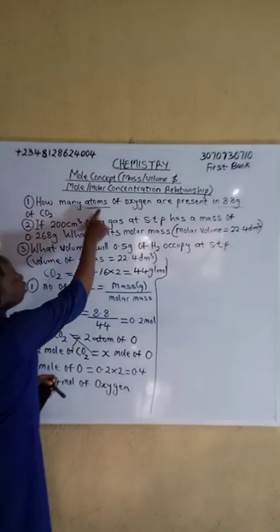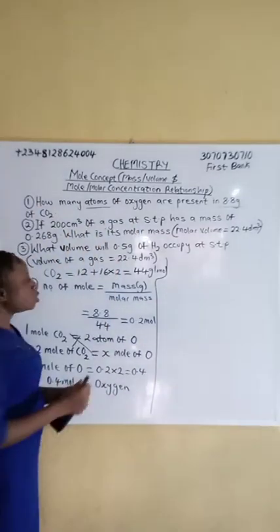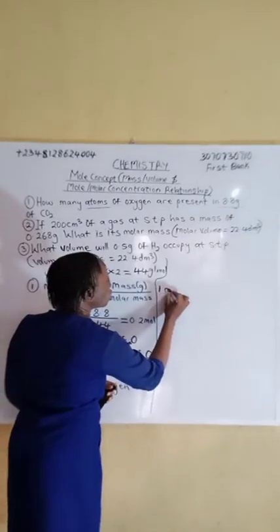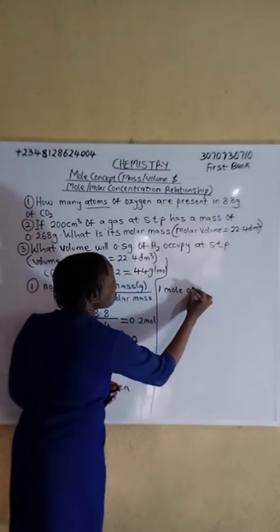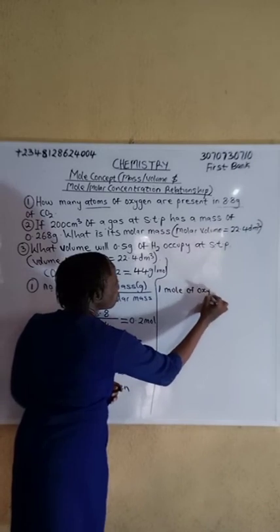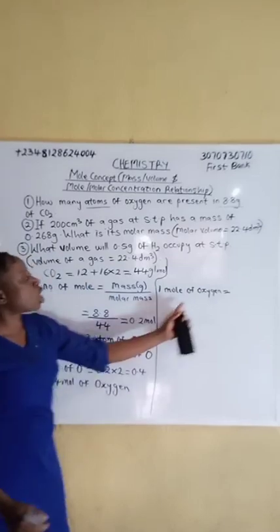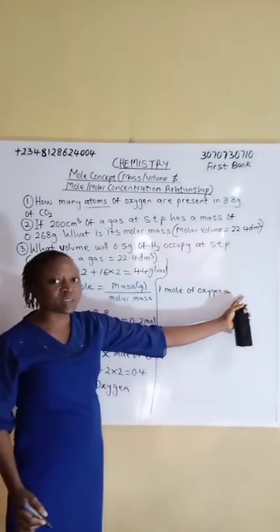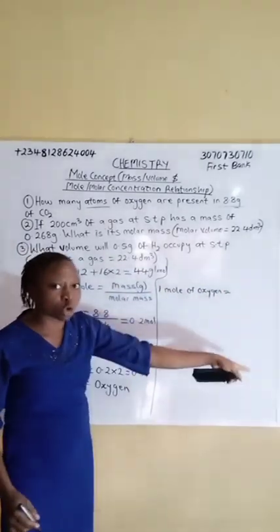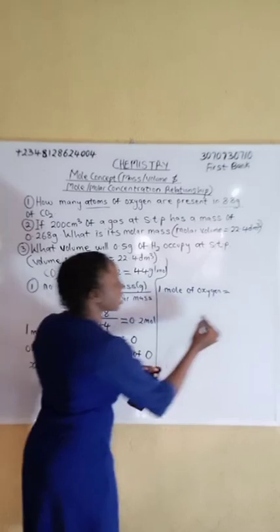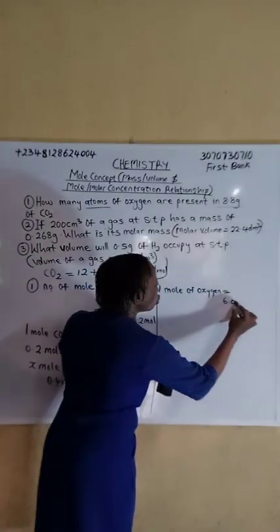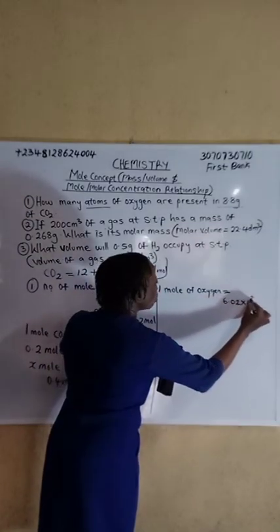Then we are looking for the number of atoms of oxygen. So now we are going to say 1 mole of oxygen is equal to Avogadro's constant, that is 6.02 times 10 raised to the power 23.